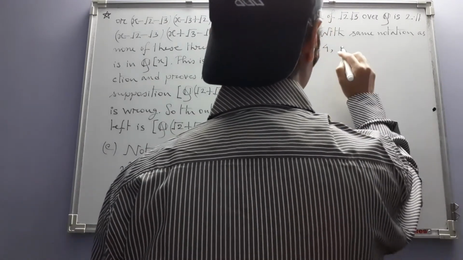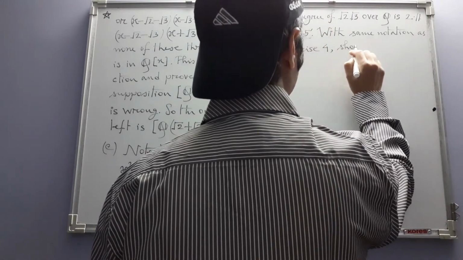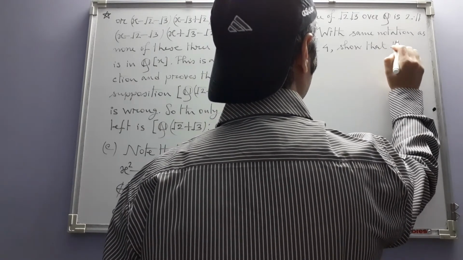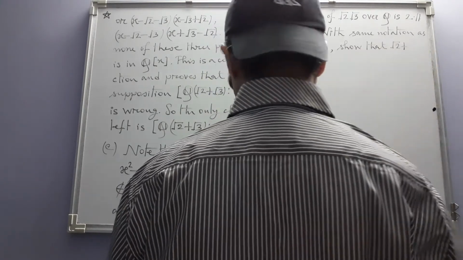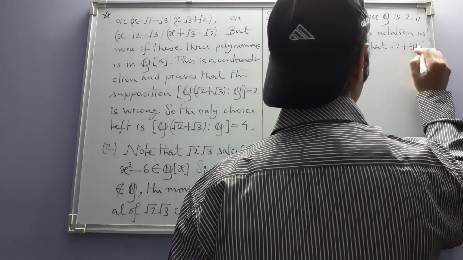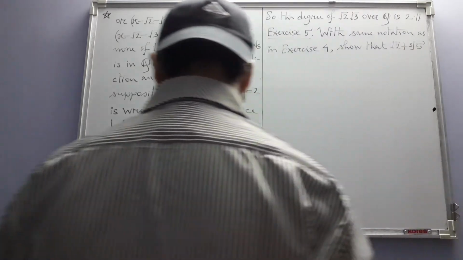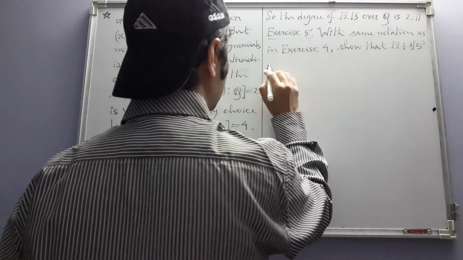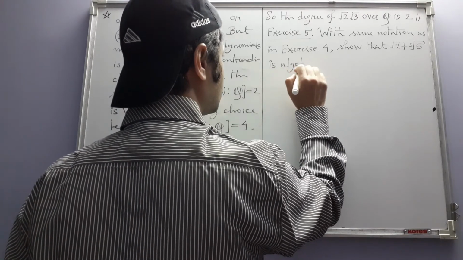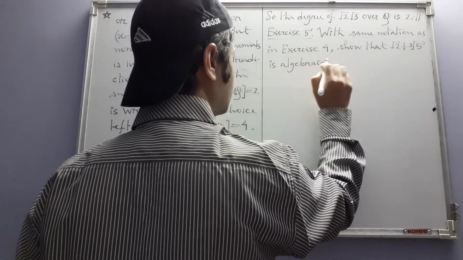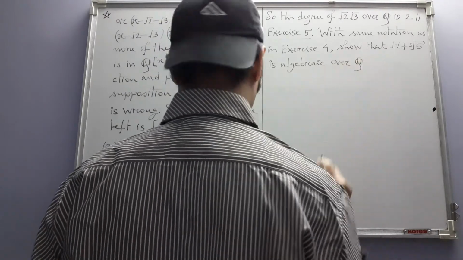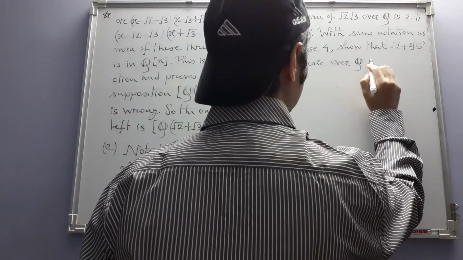Show that square root of 2 plus cube root of 5 is algebraic over Q of degree 6.